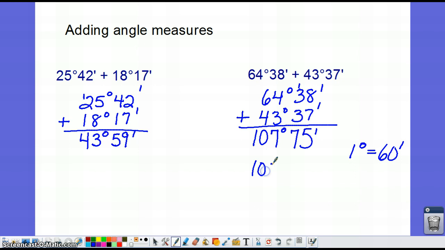So that would give me 108 degrees. So when I subtract 60 from the 75, that leaves me with 15. Oops, I meant to write minutes there. So 108 degrees, 15 minutes.